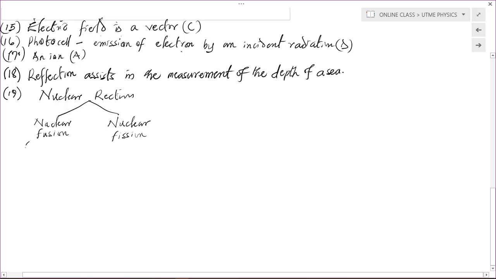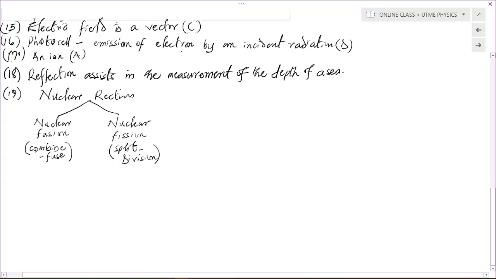This one signifies fuse together, that is combine, from the word fuse. While this one means split, to split something, from the word division. Fission means division in this case.